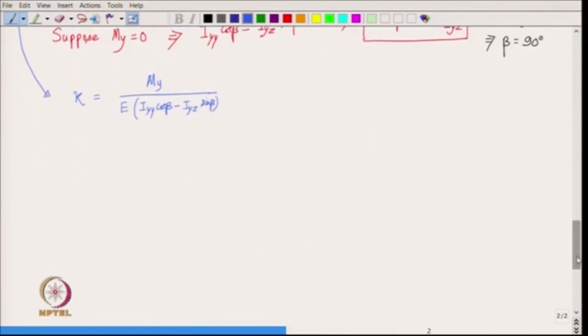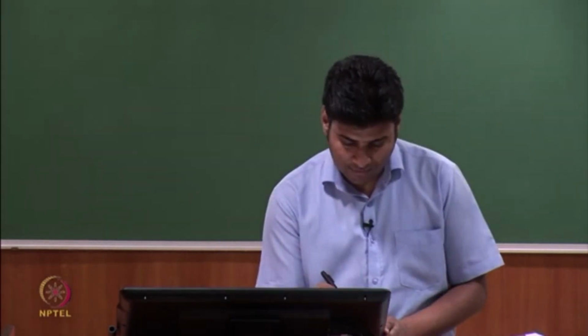Okay. With curvature and the inclination beta known, we can then also obtain sigma xx. So, what is sigma xx?